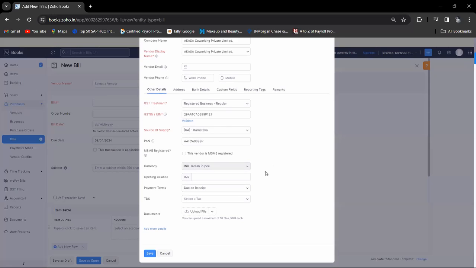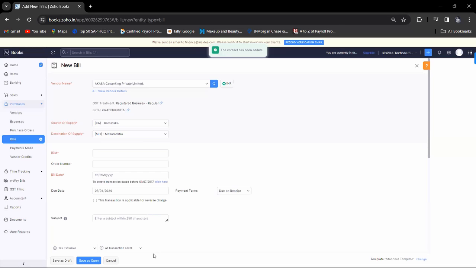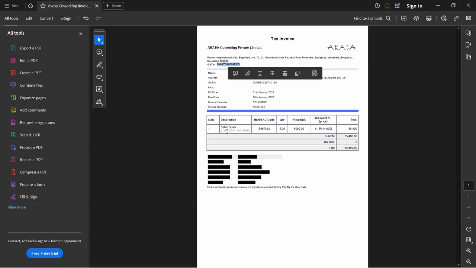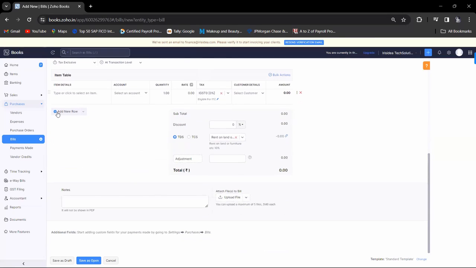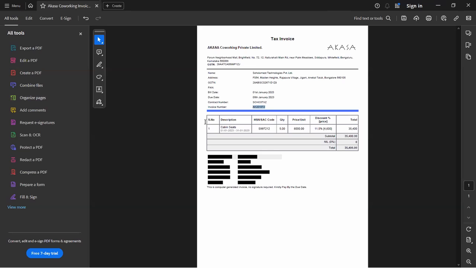And TDS, you have to deduct TDS on rent. It is rent for land. Then click on save. Now enter the bill number and bill date. It is for cabin seat.